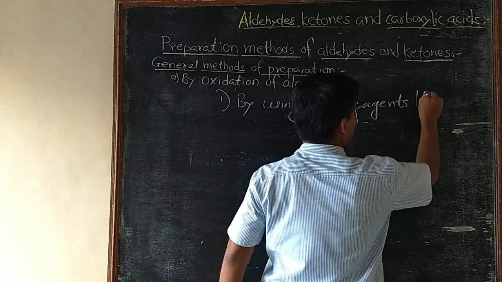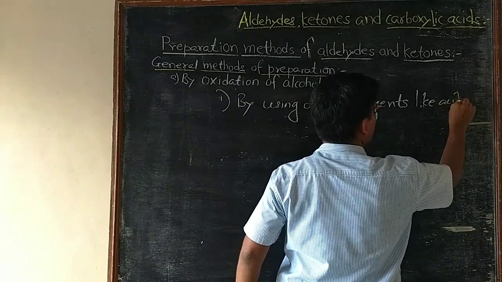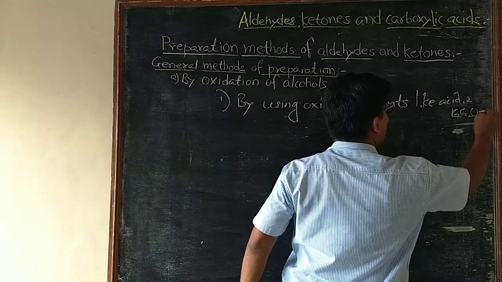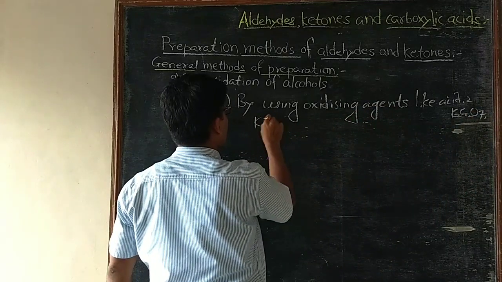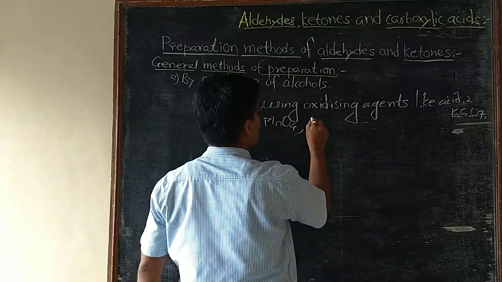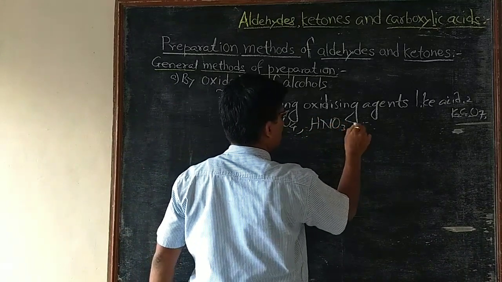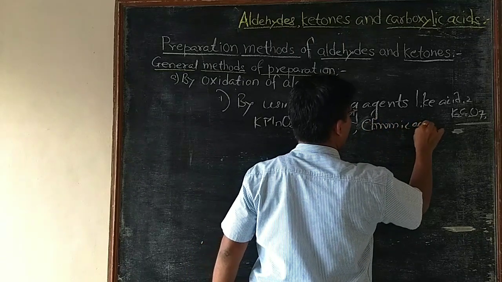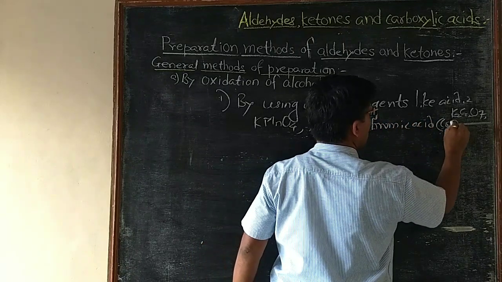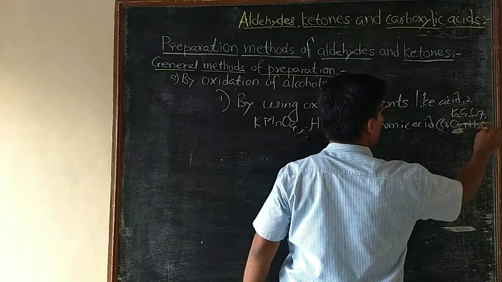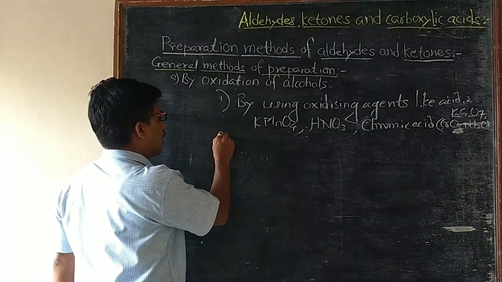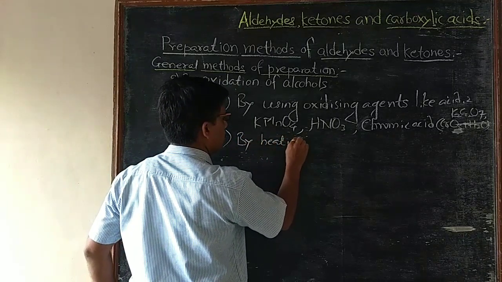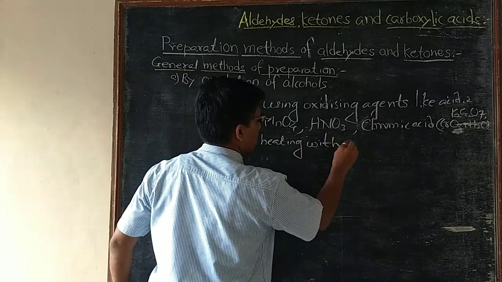Oxidizing agents like acidic potassium dichromate, KMnO4, nitric acid and chromic acid, that is CrO3 plus H2O. Then another method is by heating with copper.